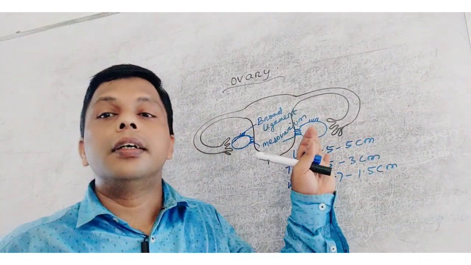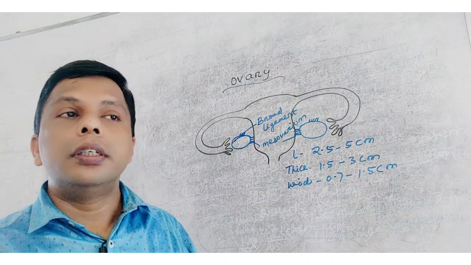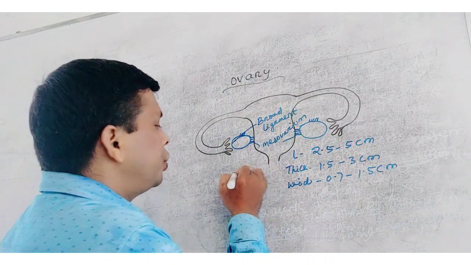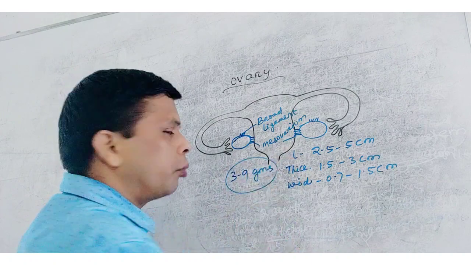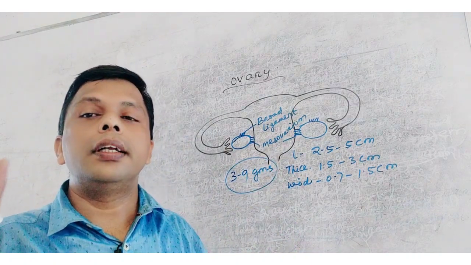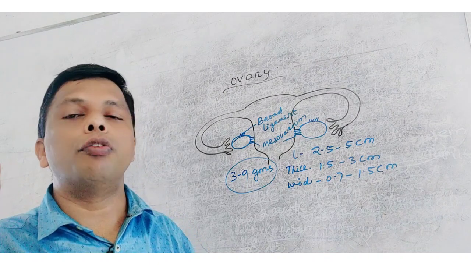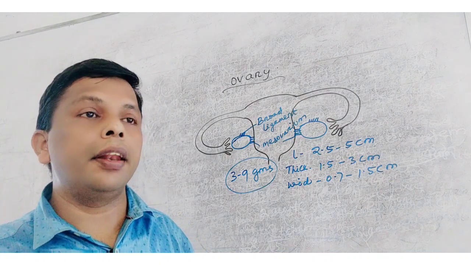This is the measurement. It weighs about 3 to 9 grams. So this is the complete measurement of an ovary in a human being.